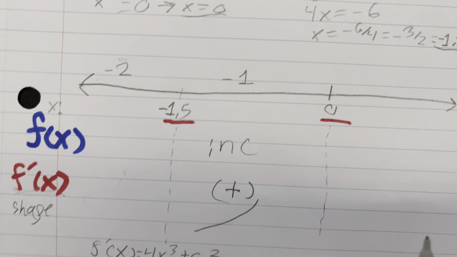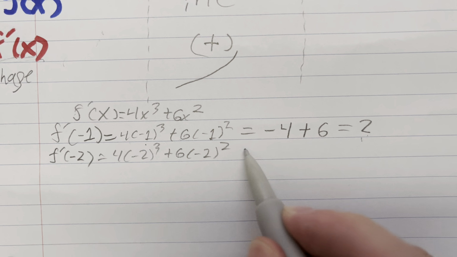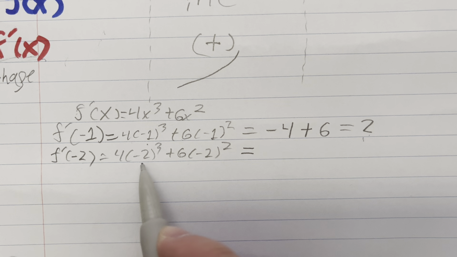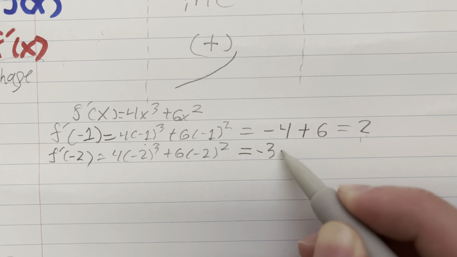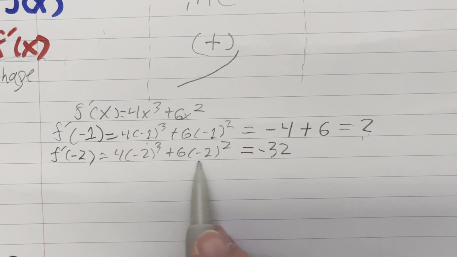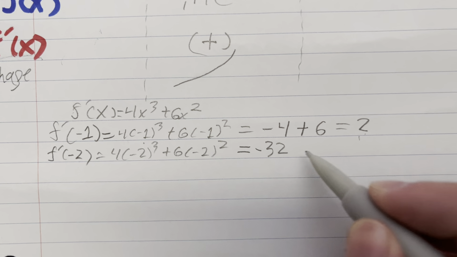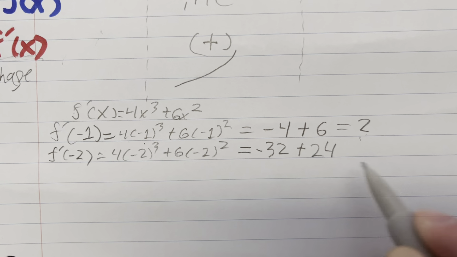All right, let's bring this back down. -2 cubed is -8. 4 times -8 is equal to -32. -2 squared is 4, times 6 is 24. And I can already tell that's going to be a negative number.